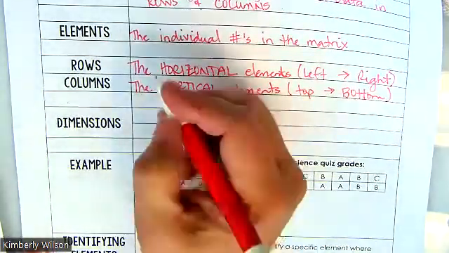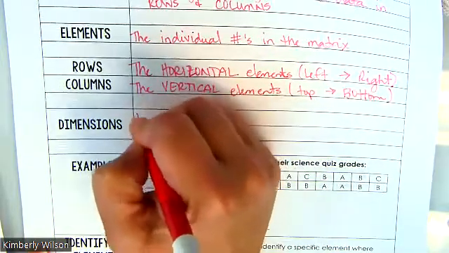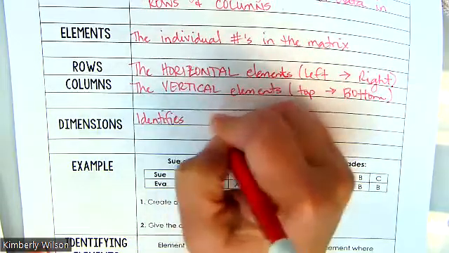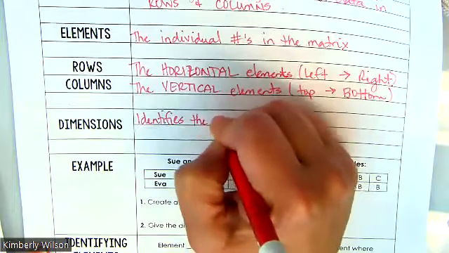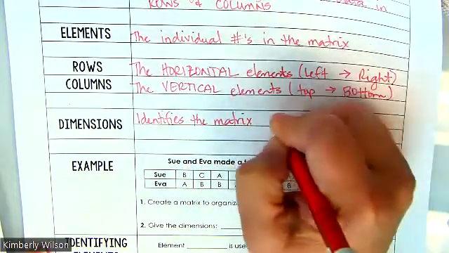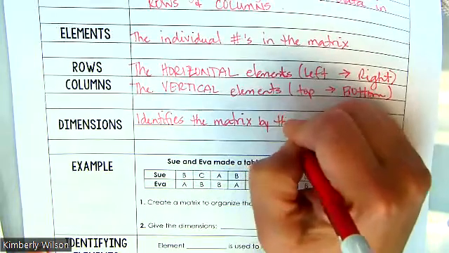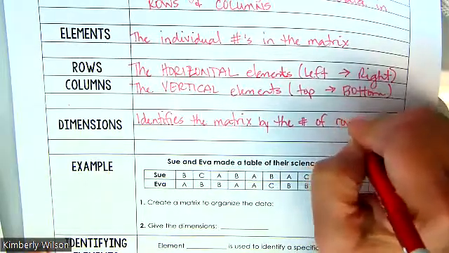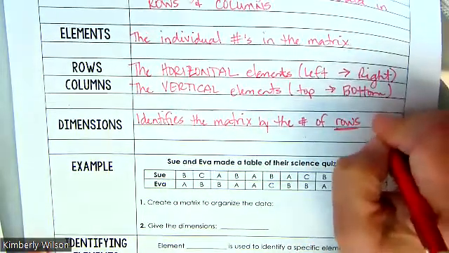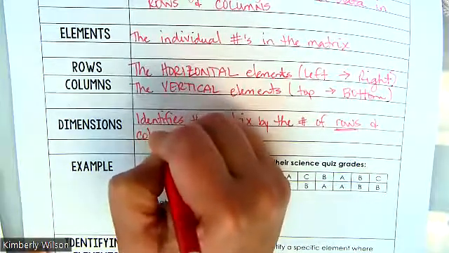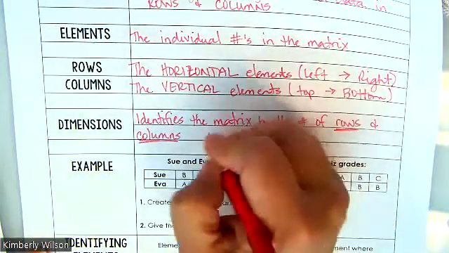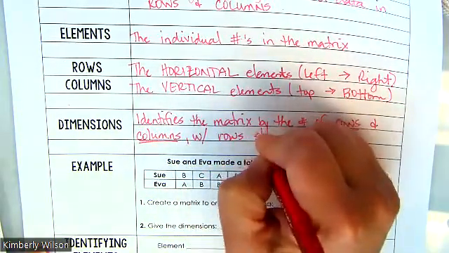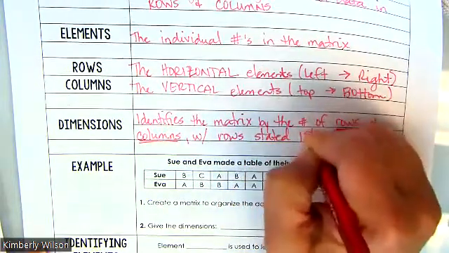And last are the dimensions. When it talks about dimensions, that's referring to when it identifies the matrix by the number of rows and columns, with rows stated first.